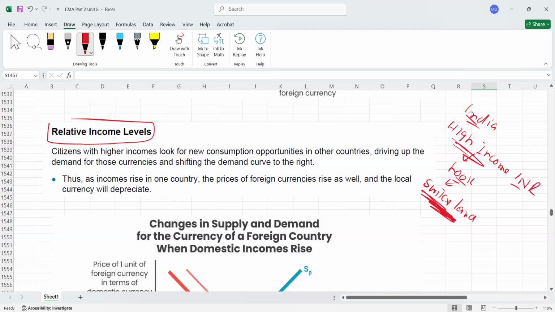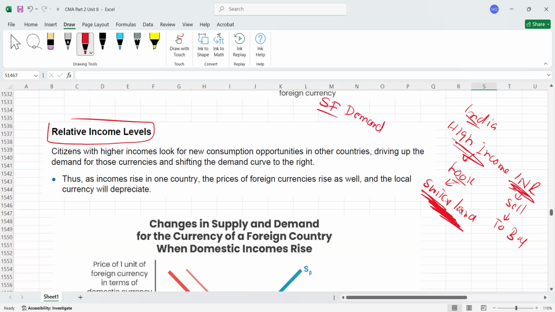So what will happen now? You will sell Indian rupees to buy Swiss currency. And now see in India itself, what happened? Most of the people are selling Indian rupees and they want Swiss currency. So automatically the Swiss currency will be in demand.